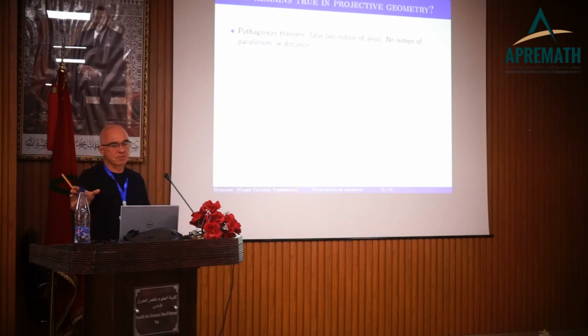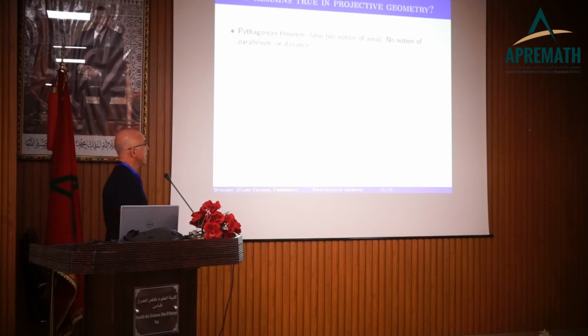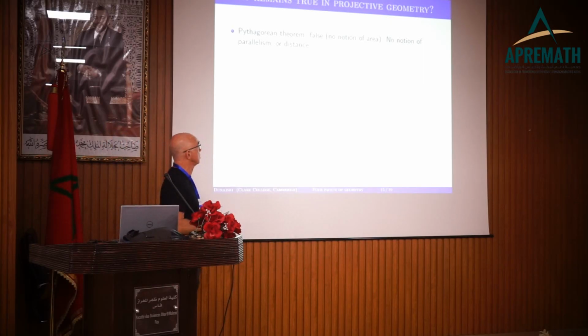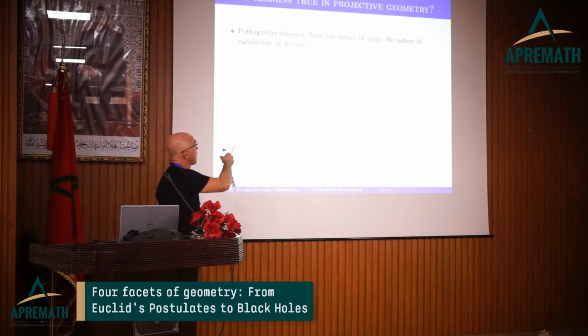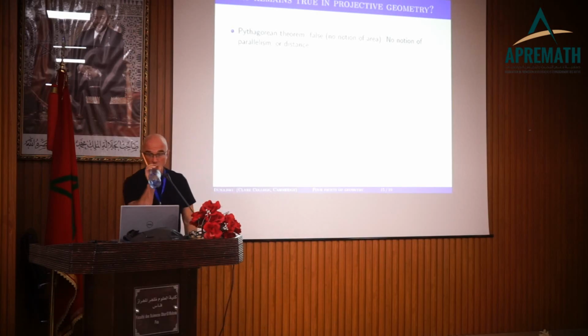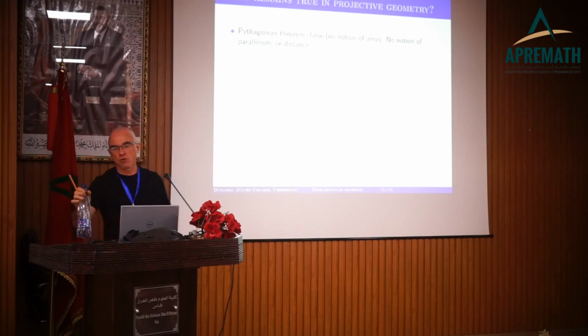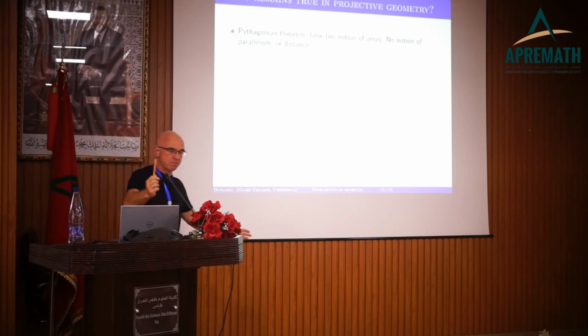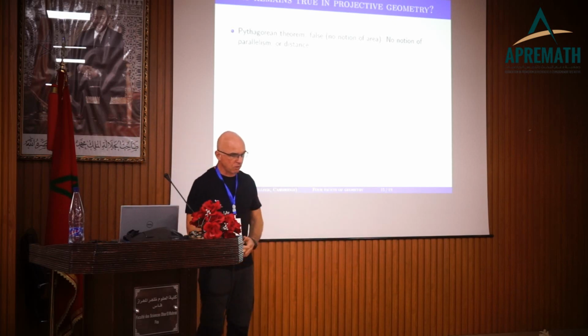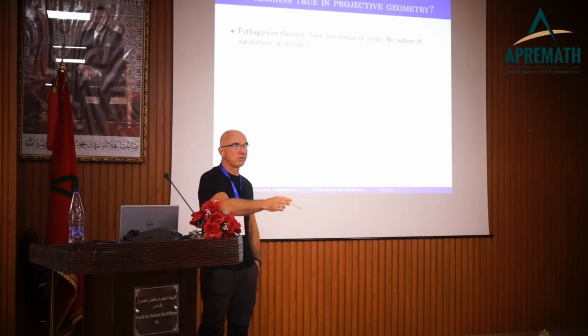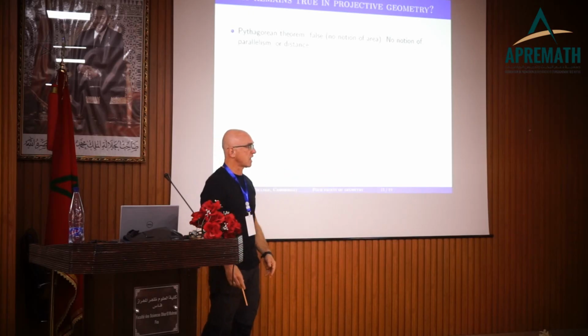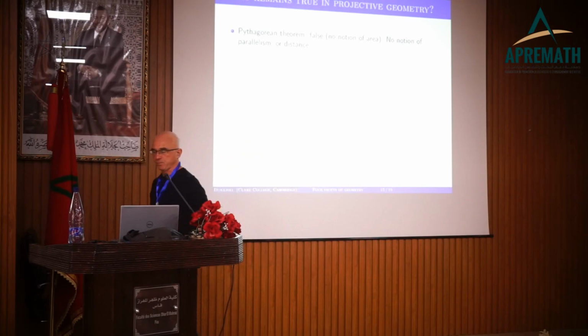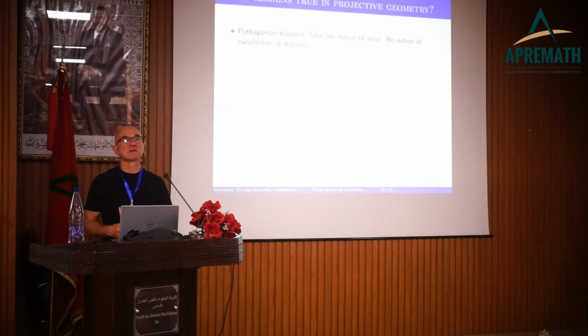Having done that, you can ask what remains true in this projective geometry. Are there any theorems familiar to us from Euclidean geometry which still apply in this setting? For example, the Pythagorean theorem doesn't apply. If you draw a proof of the Pythagorean theorem on a piece of paper, and this proof involves a right-angled triangle, and you put this paper at some distance from yourself, move away, you'll find that the triangle doesn't look right-angled anymore.